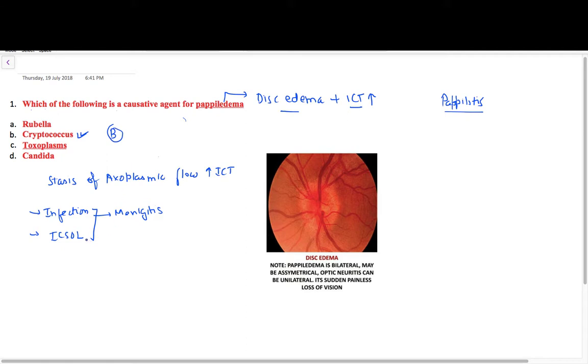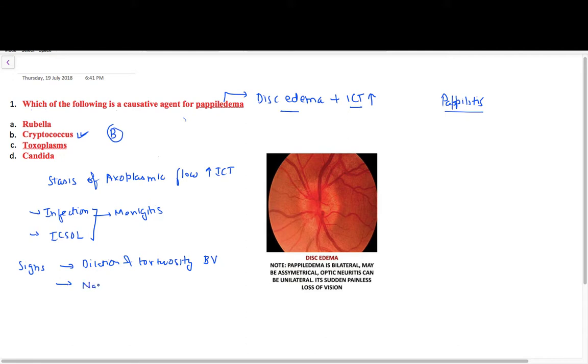A few more things that you should remember for papilledema: what are the signs of papilledema? The main important signs are dilation and tortuosity of blood vessels. The blood vessels that you see near the optic nerve head are dilated and tortuous.